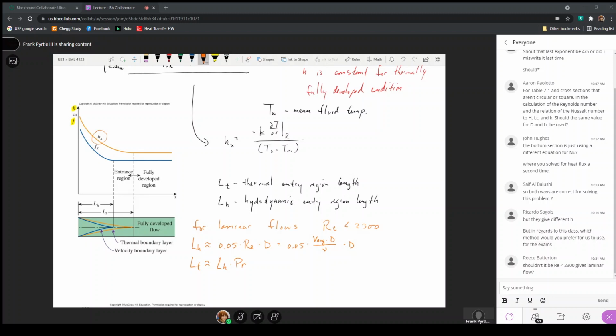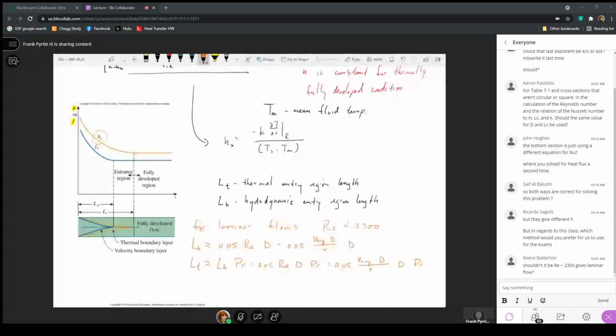Again, the Prandtl number is conceptually an expression of how well the fluid diffuses momentum compared to how well it diffuses thermal energy, or heat. So this expression is 0.05 times the Reynolds number times the diameter times the Prandtl number, where I can write this as 0.05 times the average velocity times the diameter divided by the kinematic viscosity, times the diameter times the Prandtl number.